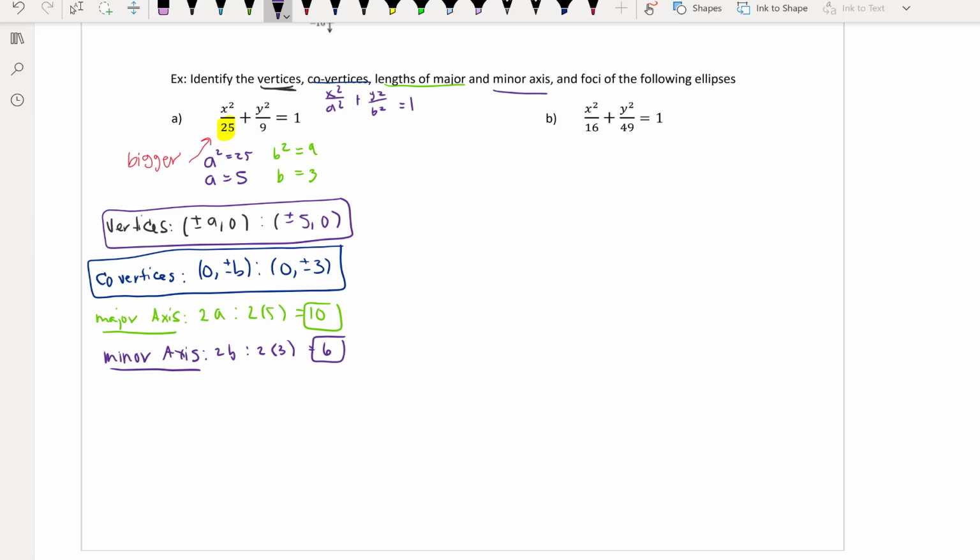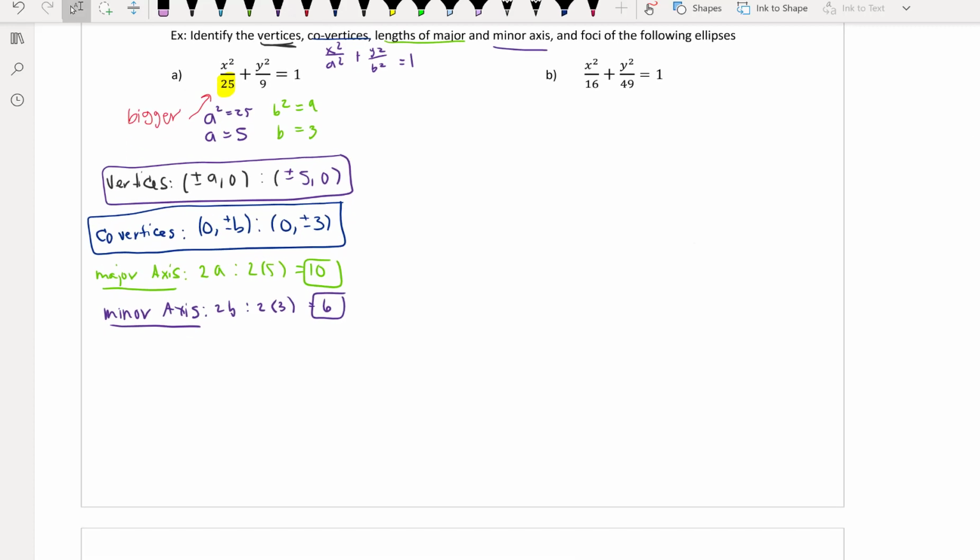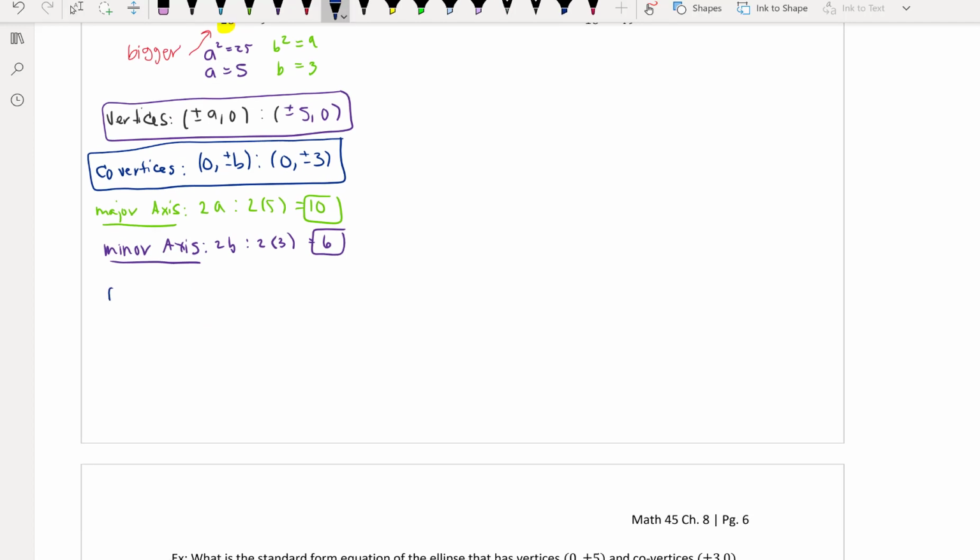Okay, then the last thing I'm going to need is the foci. For the foci, you have a certain formula. Your foci is going to be plus or minus c, comma, 0, where c squared is equal to a squared minus b squared.